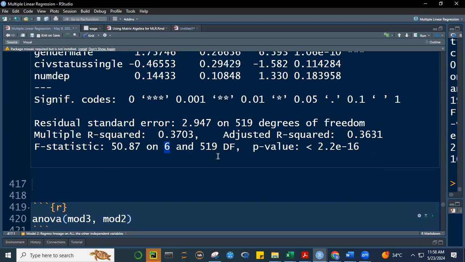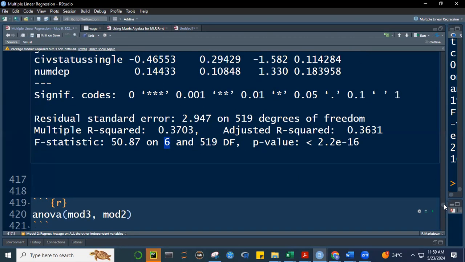Degree of freedom 2, which is n minus k minus 1, so that's 526 minus 6 minus 1, that will now be 519. And what's the p-value? It's much less than 0.05. Therefore, we reject the null hypothesis that all the betas are equal to 0.